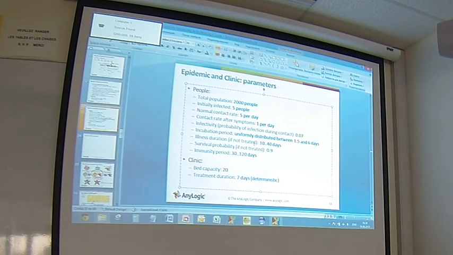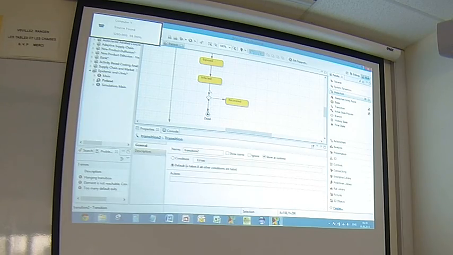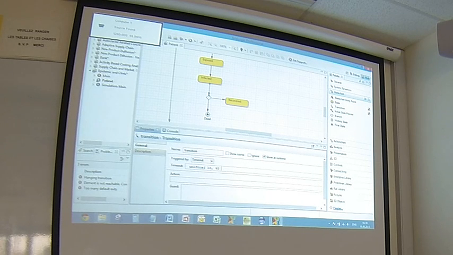And this is again the illness duration if not treated, from 10 to 40 days. Sorry, here, timeout, uniform, from 10 to 40 days.